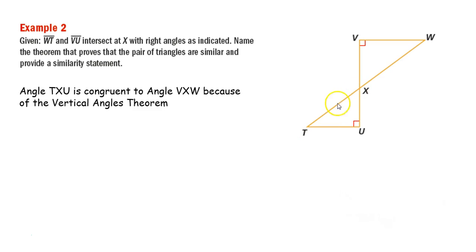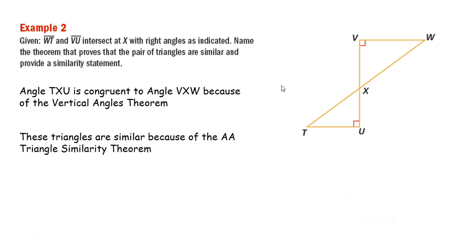This angle is congruent to angle VXW. VXW is this angle right here. These angles have to be congruent. Why are they congruent? Because of the vertical angles theorem. If they're vertical angles, then they have to be congruent.